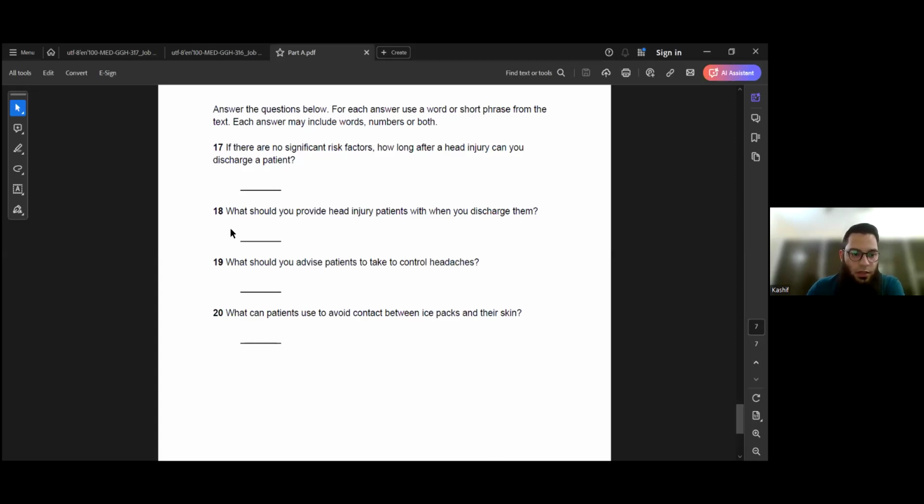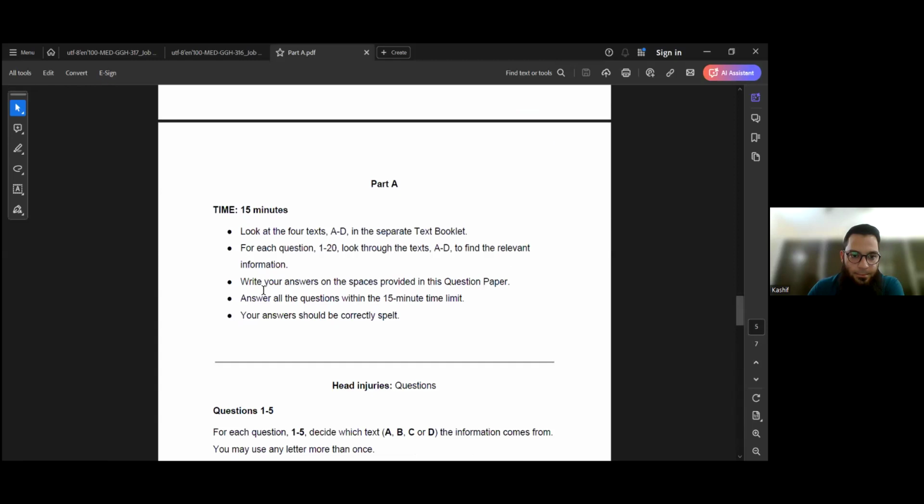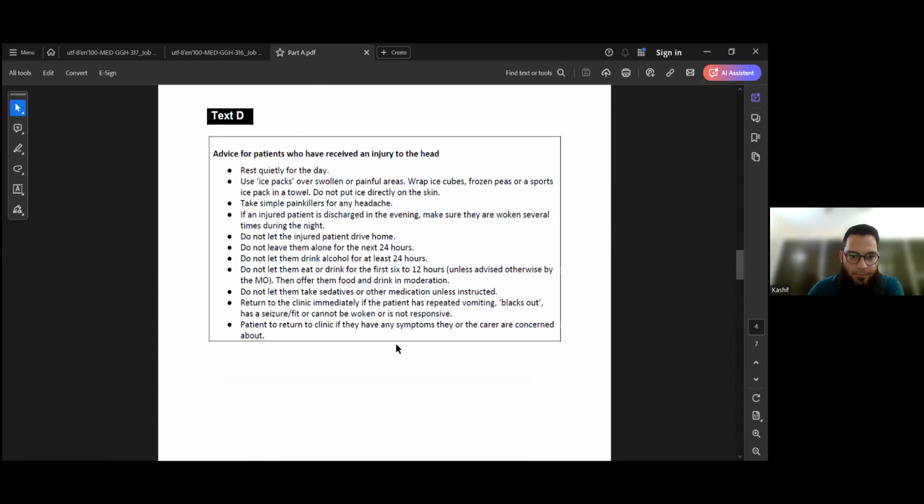So here question 18 is: what should you provide in head injury patients when you discharge them? Okay, what you should provide with them. Now let's have a look. It probably is given in text D. What should you provide a patient who has received a head injury?